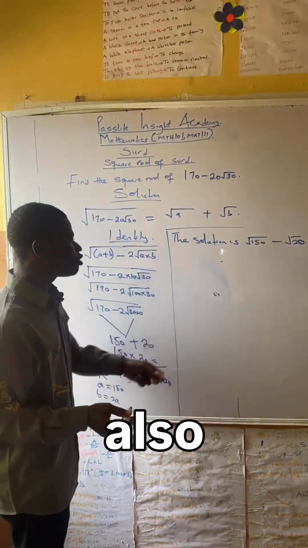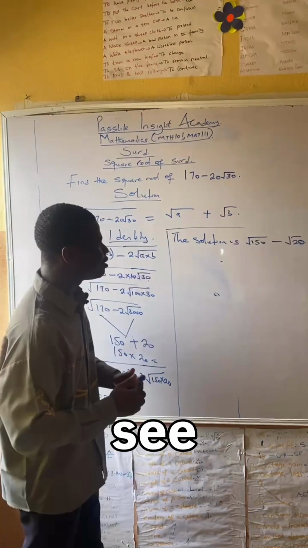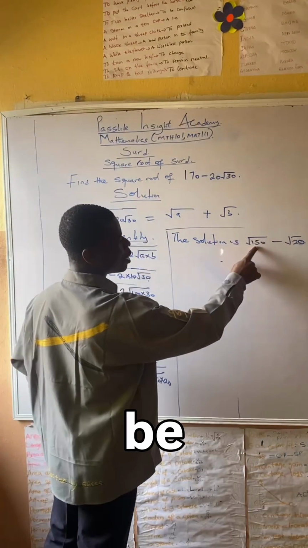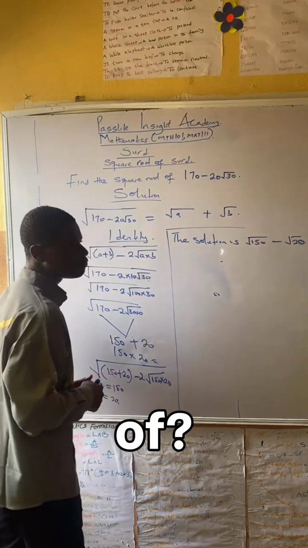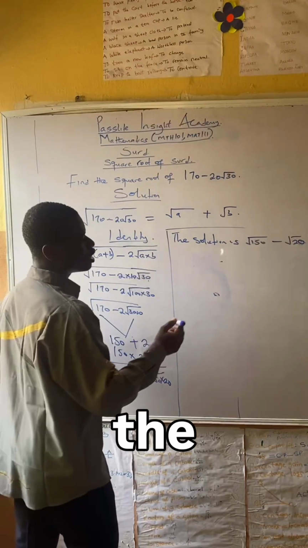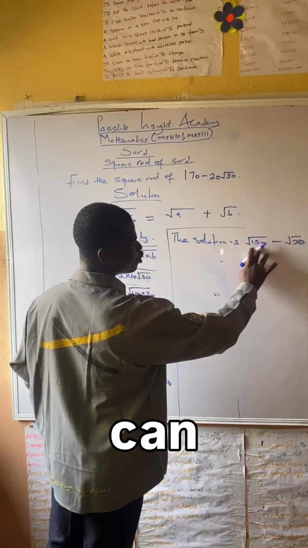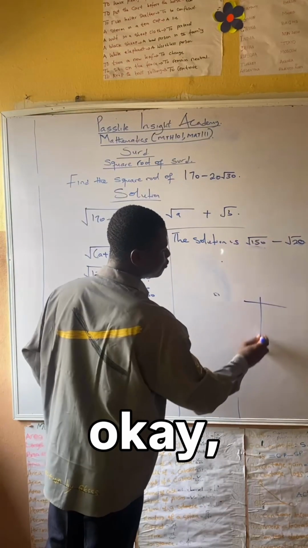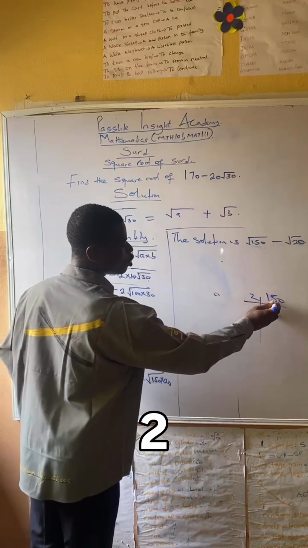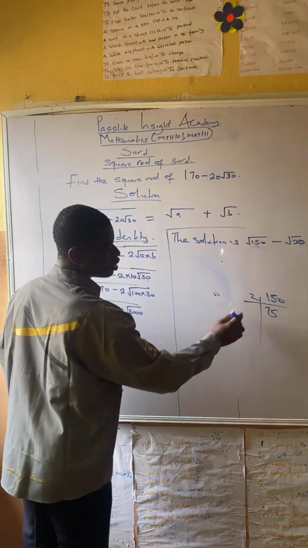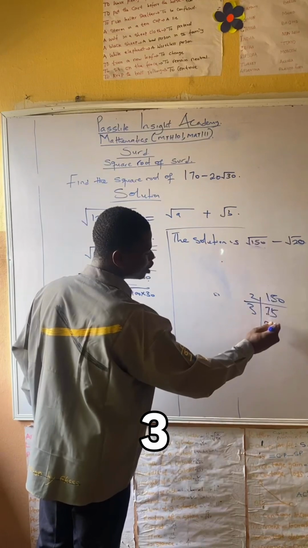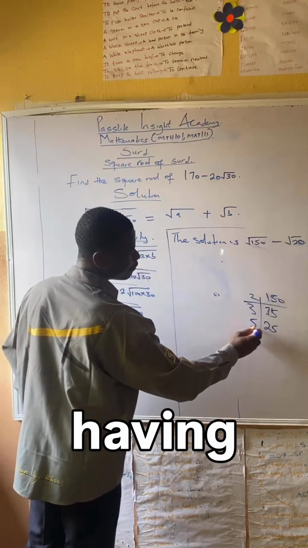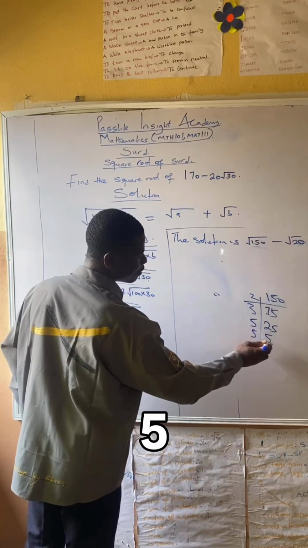And if you like, you can also simplify them. If you can simplify, think of two numbers: one should be a perfect square, the other an ordinary number. For 150: 2 in 150 is 75, 3 in 75 is 25, 5 in 25 is 5, 5 in 5 is 1.